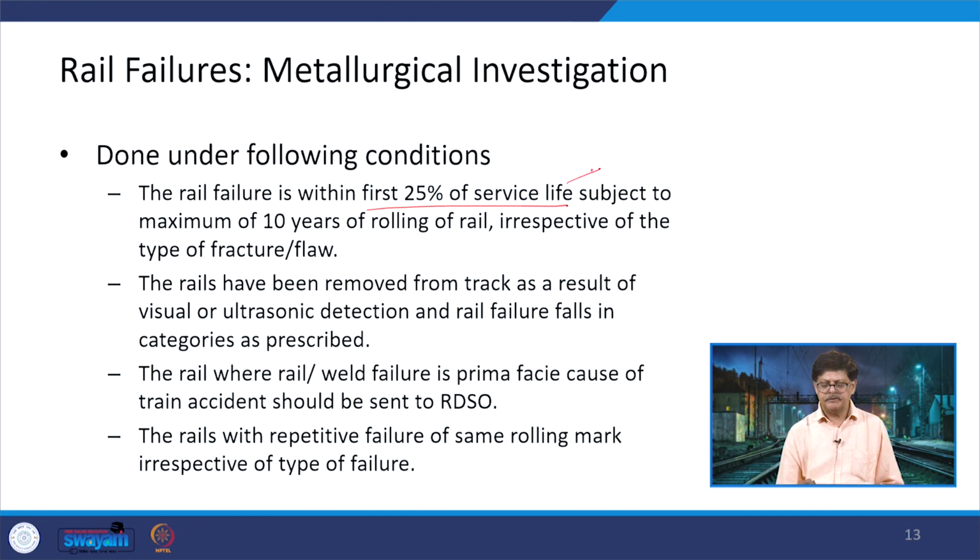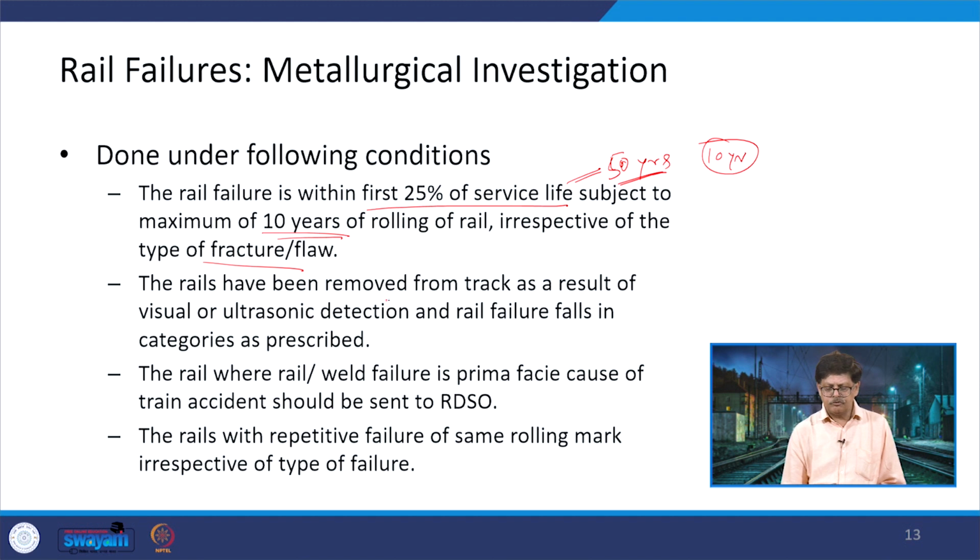Say the service life is 50 years and within 10 years some defect has occurred, then in that particular case, irrespective of the type of the fracture or the flaw, it has to be sent for metallurgical investigation to see what were the problems with the combinations in which this rail steel has been produced and the rails have been manufactured, and if it is observed that there is some issue, then all such sections have to be replaced.